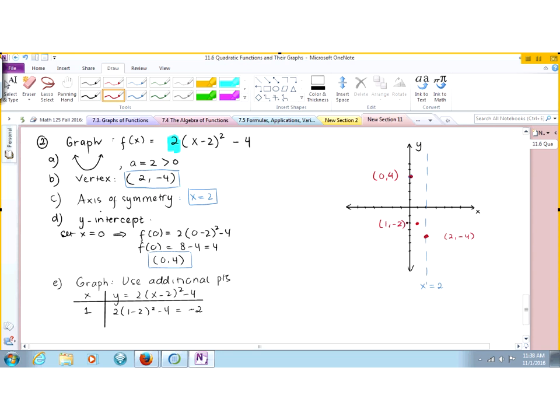Where is (1, -2)? It is right here. (1, -2). So now we could graph half of it. It's a little bit harder for me to graph the one on the left, but let's try to make it look better. No, it's not going to be pretty.